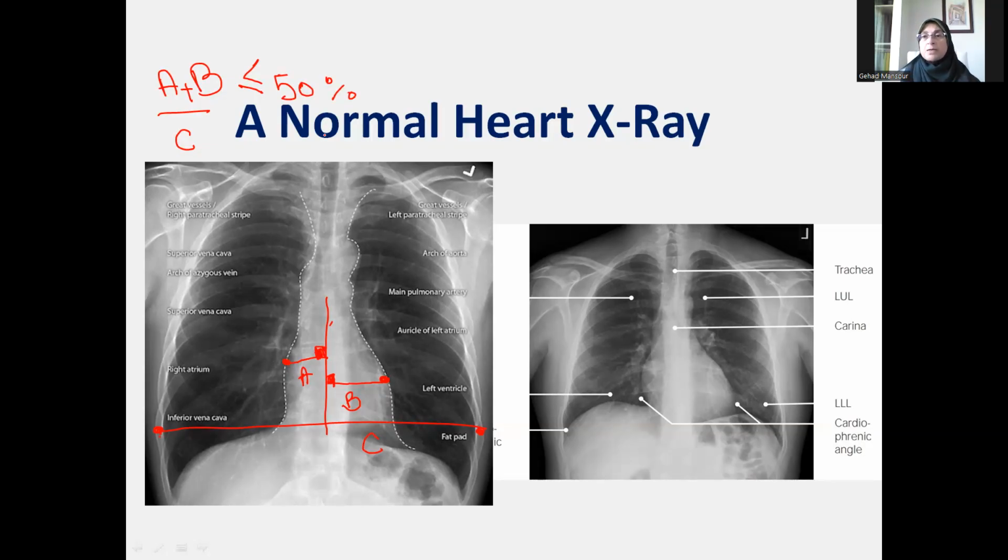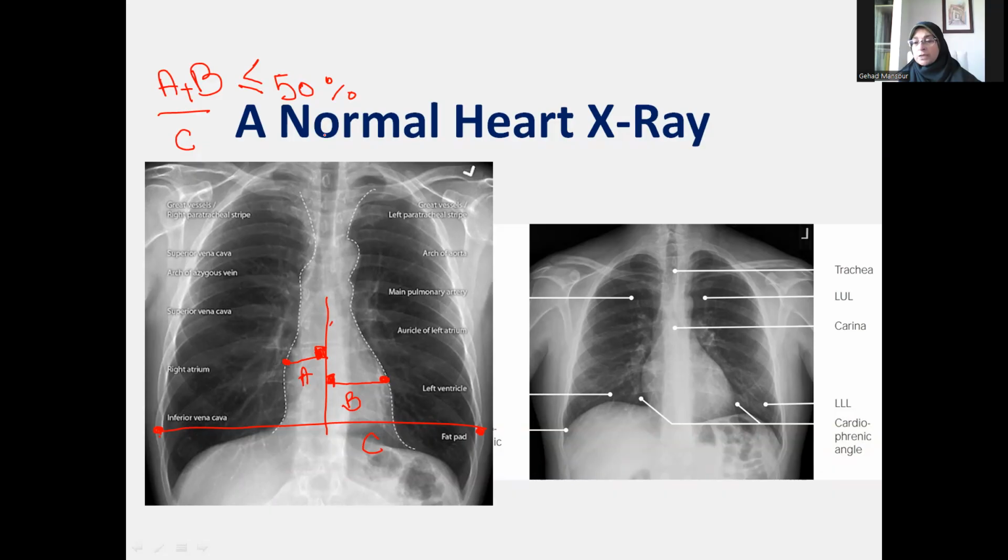Either cardiomegaly, meaning that the heart itself is enlarged, like, for example, in right ventricular failure or left ventricular failure, or in cardiomyopathy, or the heart is normal in size, but there is fluid accumulation around the heart, meaning that you have a case of pericardial effusion.